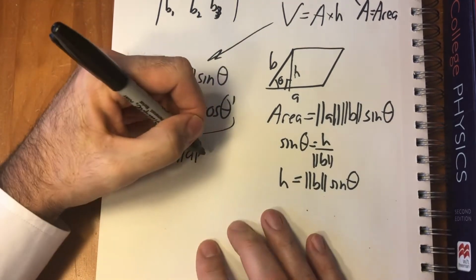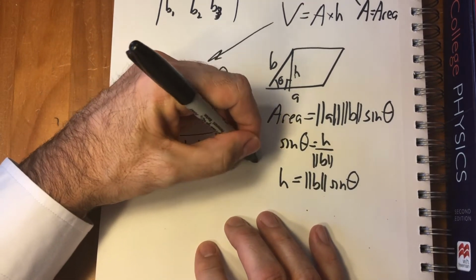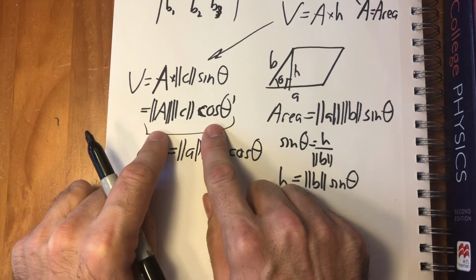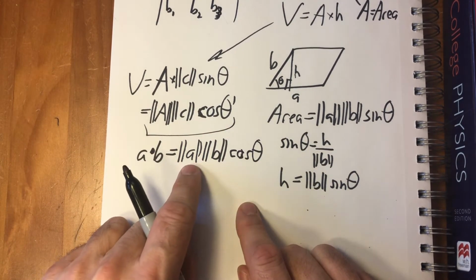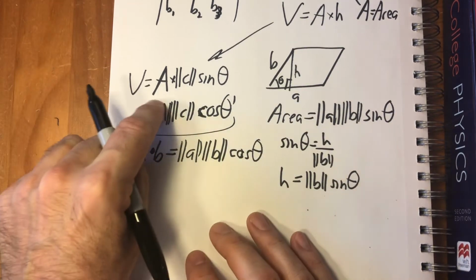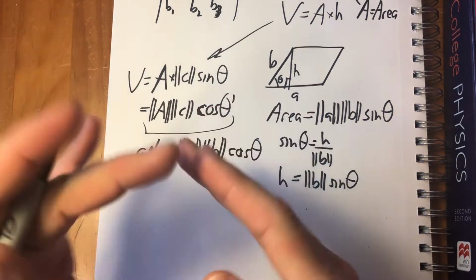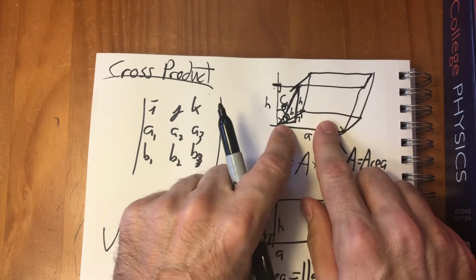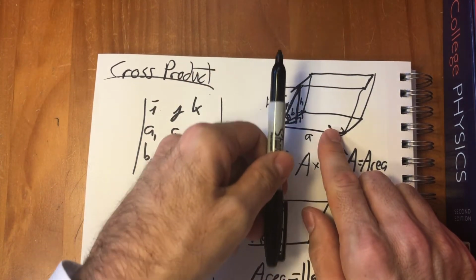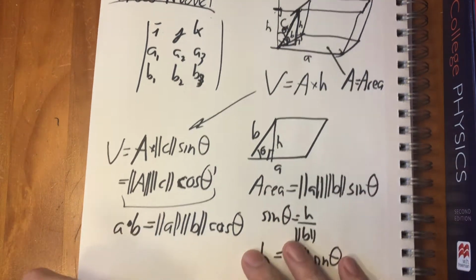One way to look at the dot product is the length of A times the length of B times the cosine of the angle between them. That's exactly what we have here. But in this case, instead of two vectors, we have some vector that represents the area, perpendicular to the base. So here's the base, and we want a vector that's perpendicular to that base, which we're then going to multiply by C times the cosine of theta.